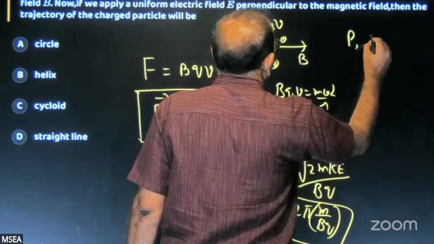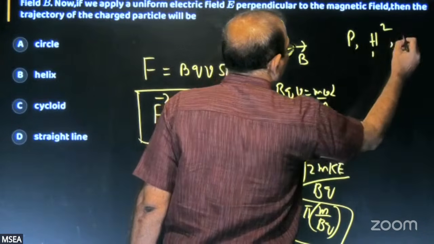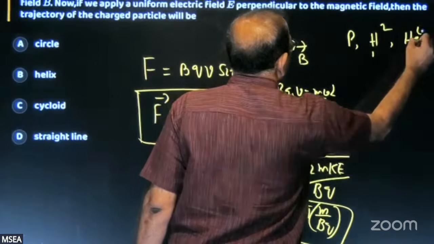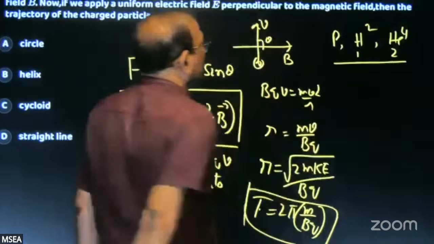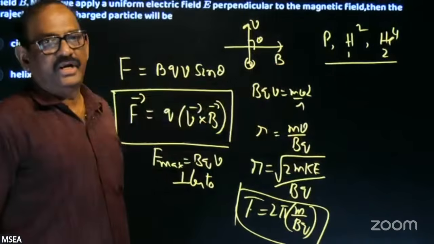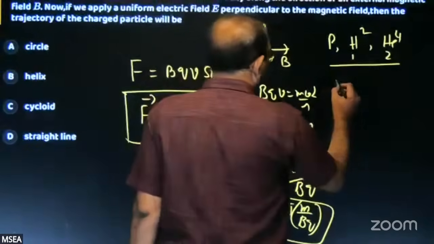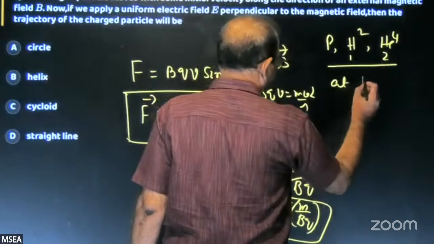In this, an important question comes. A proton, a deuterium nucleus, and an alpha particle, a helium nucleus, these three enter a magnetic field at right angles.